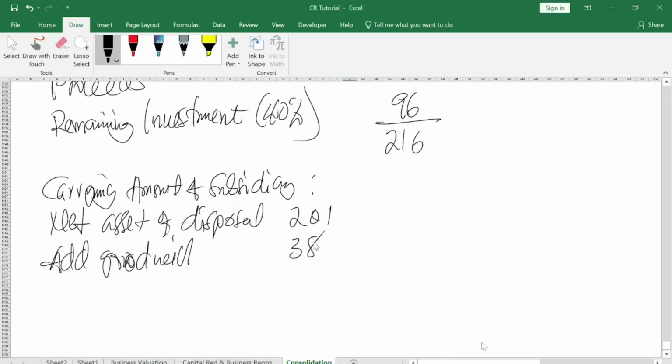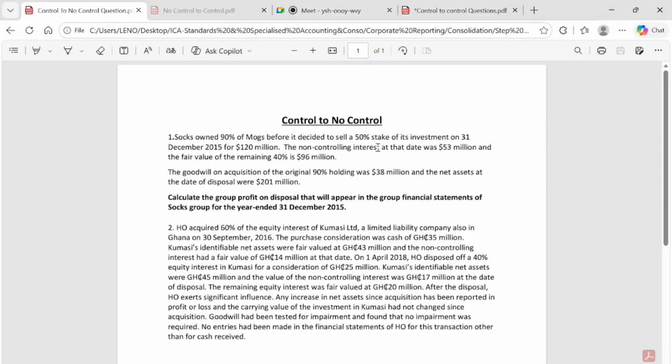Yes. You add goodwill, then you less NCI fair value. So the NCI fair value is how much? 53. You see, read the question. You realize that they said that the non-controlling interest at the date was 53 million. And the fair value of the remaining 40% is 96 million.